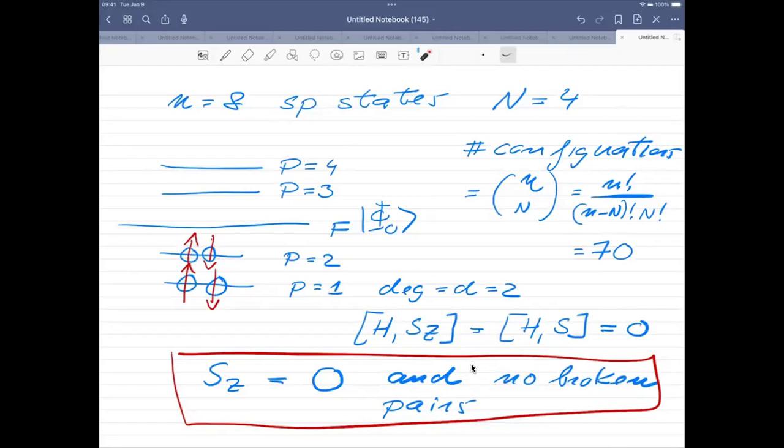So that means that when we now look at the specific system which we have now defined, so no broken pairs and the total spin projection equal to 0, it means that there are only 6 possible Slater determinants or configurations which we can make. So the first one is obviously our ansatz for the ground state, phi 0.